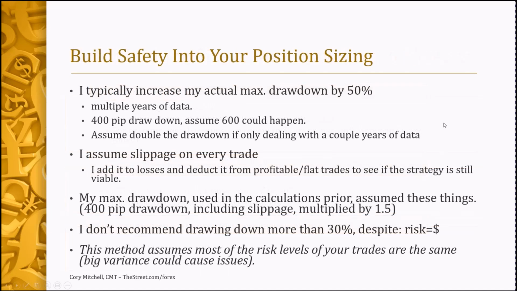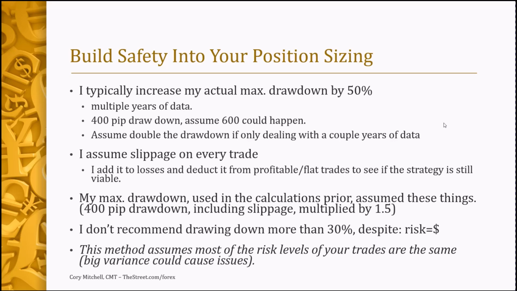This is really important. Now that we have an idea of how the position size works, we want to make sure that we're building some safety into it. Because we're basing our position on what we think will be a maximum loss, if we end up with a much bigger loss than even what we've seen in the past, our account could get really hurt, especially if we're increasing our risk and saying, I'm only at a 20% drawdown, I don't mind increasing it to 40.